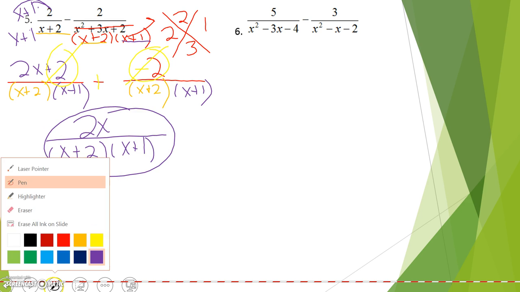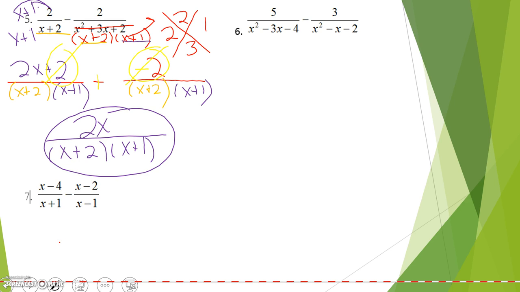All right, the next one. I can factor the bottoms of both of these. So that factors negative 4 and negative 3, and that would be negative 4 and 1. And this one, I get negative 2 and negative 1. That's negative 2 and 1.